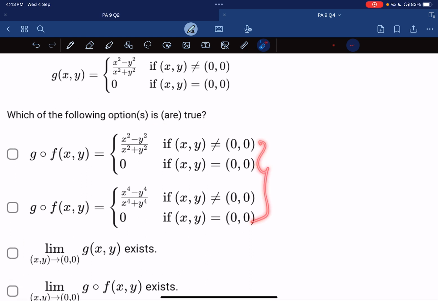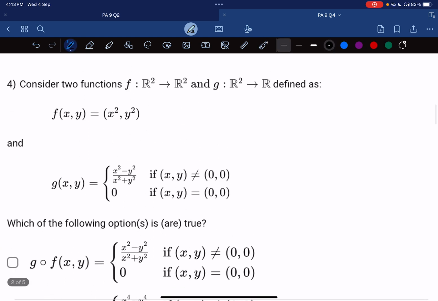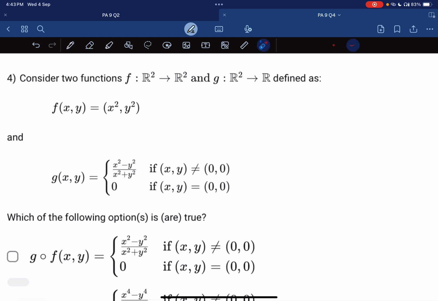The first option says about finding g of f x comma y. So for finding g of f, we will put the output of the function f as the argument of the function g.